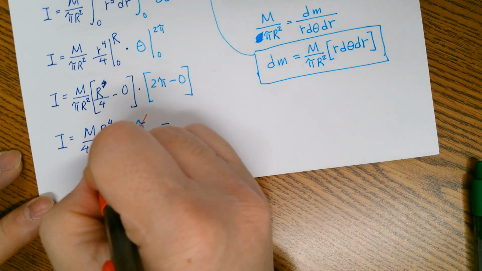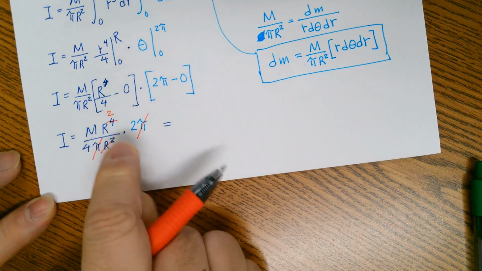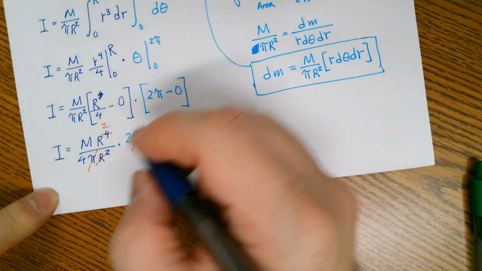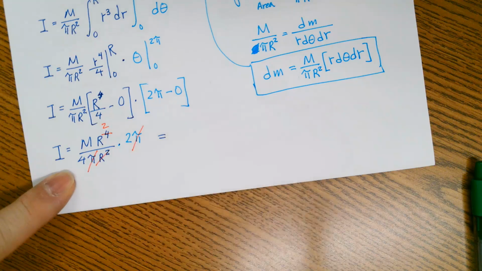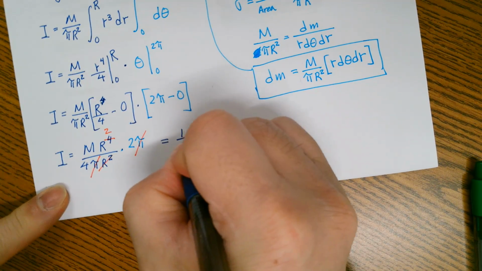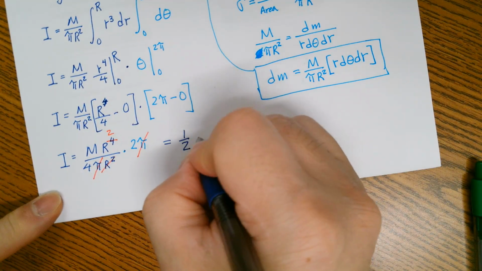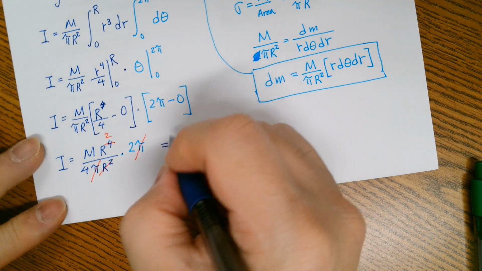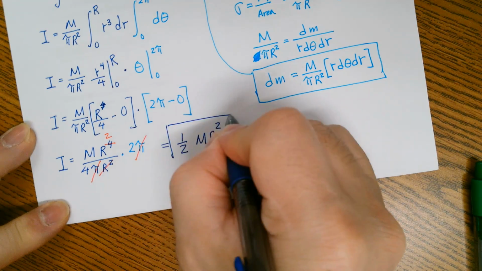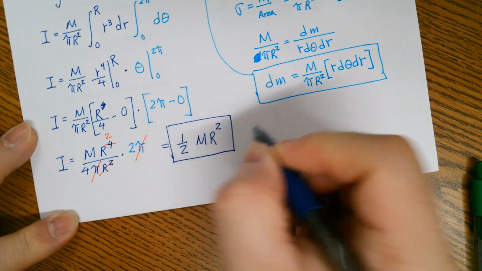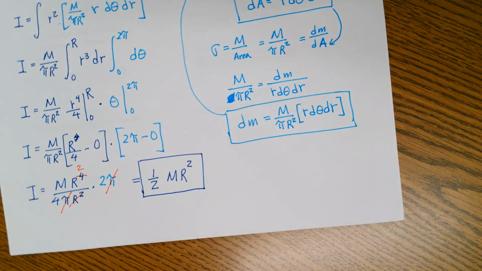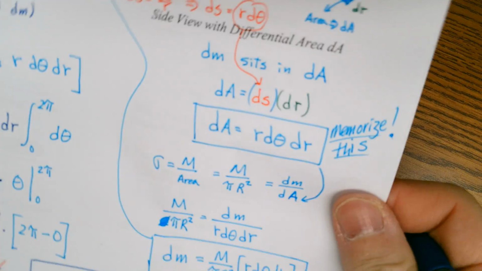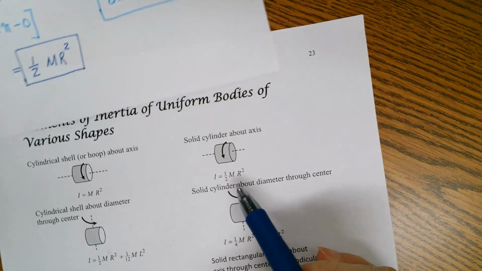R squared cancels out with r to the fourth at the top, leaving you r squared. Now 2 over 4 is 1/2. So we have 1/2 m r squared as my moment of inertia. And that is that right there.